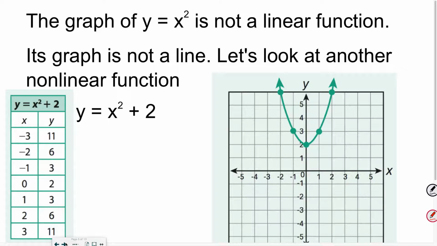How did they fill in that table? We just did it on the previous slide. This is a blank table. What would you do to fill it in? All you had is this equation, y equals x squared plus 2. How do you get coordinates from the table?